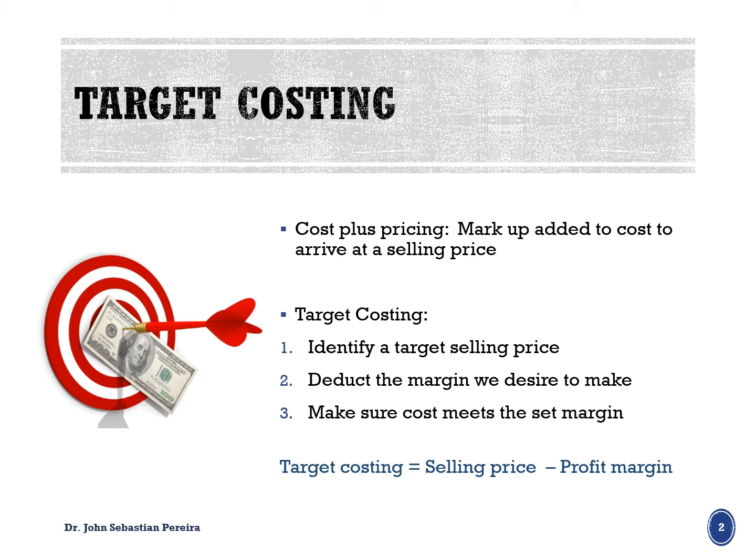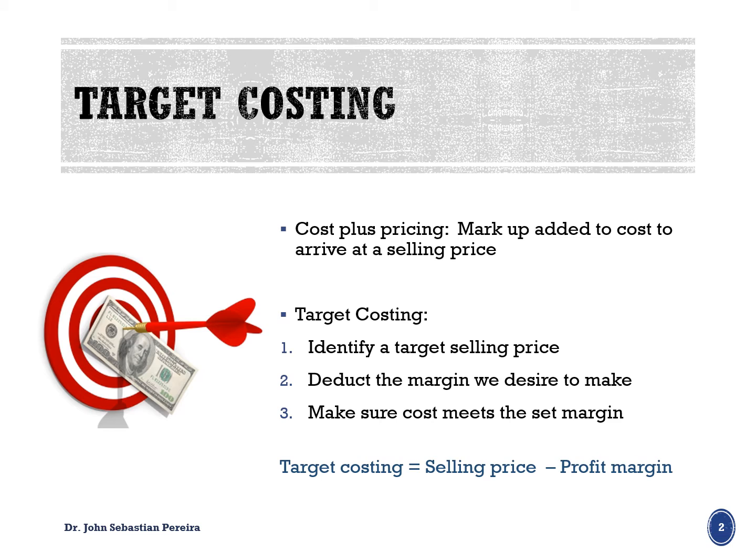Once the target selling price is found, the company deducts the margin that they desire to make from the sale. The ultimate result is the cost that they need to target. So the management's objective is to ensure that the cost in the production process meets this set objective.